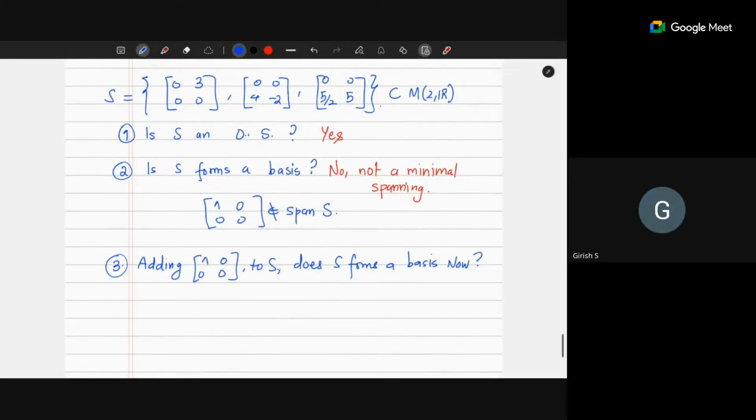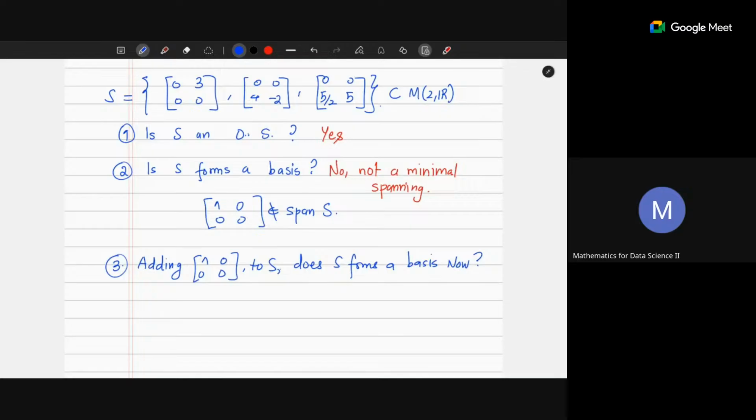Yes. It is linearly independent, because the new vector is not in the span of the others. The second point is that it is minimal spanning, because the dimension of M_R2 is 4. So there are 4 vectors, so it is minimal spanning.